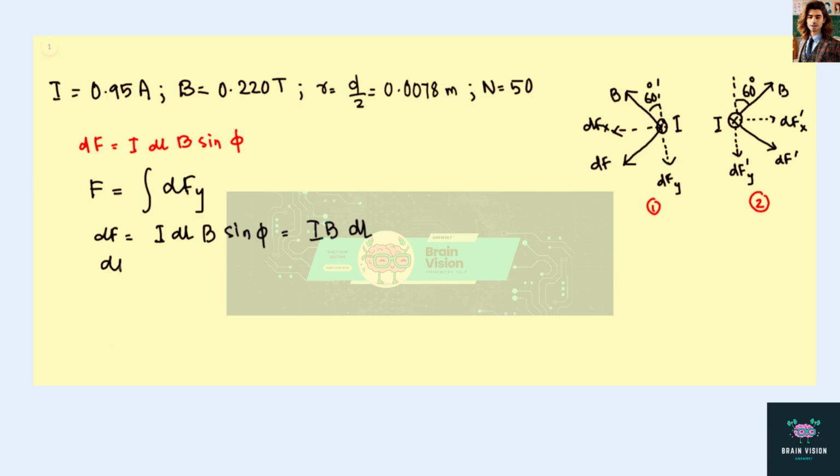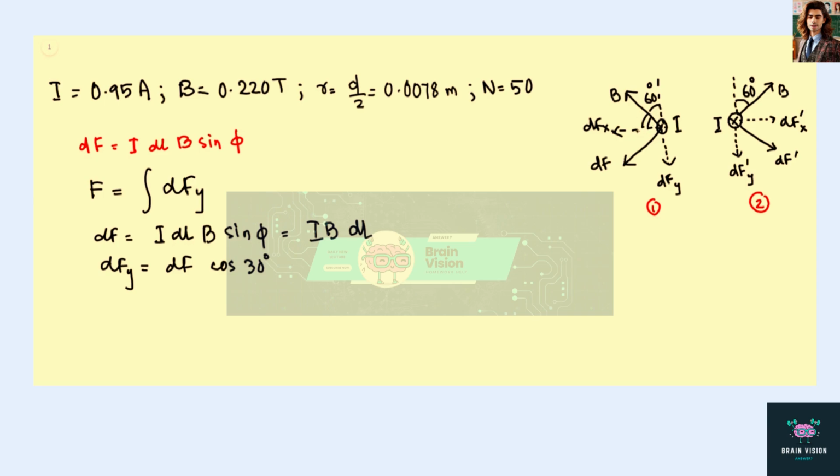So dFy will be equal to dF times cos 30 degrees. This is 60 degrees, which means this angle is going to be 30. So this is 60, and this is 30, because 90 degrees minus 60 degrees is 30.